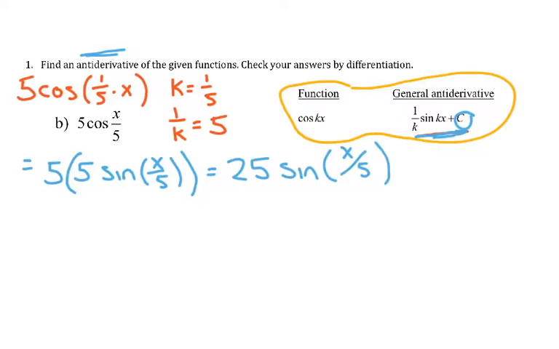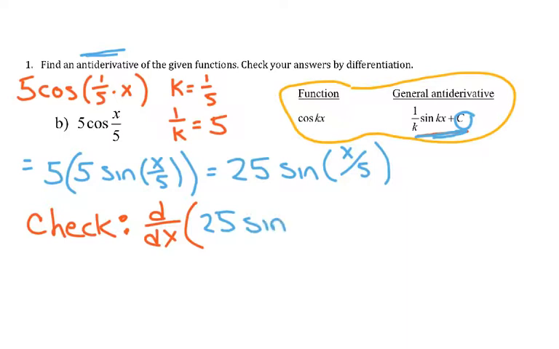So let's check. Let's take the derivative of that function. Okay, so the constant just stays as 25. Derivative of sine is cosine.